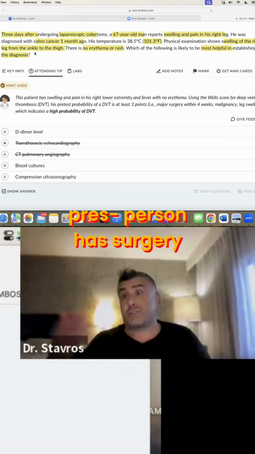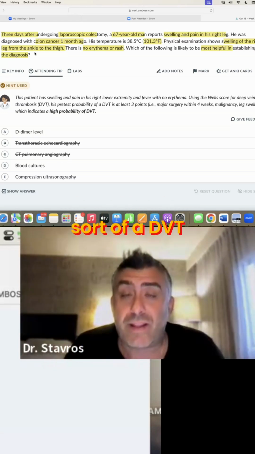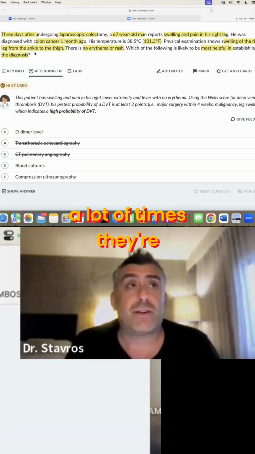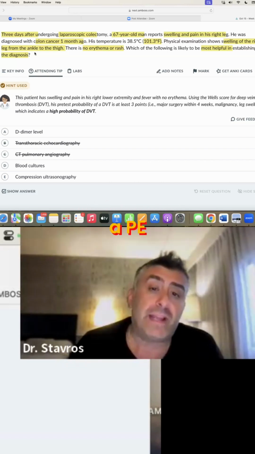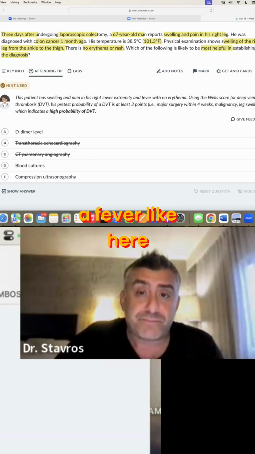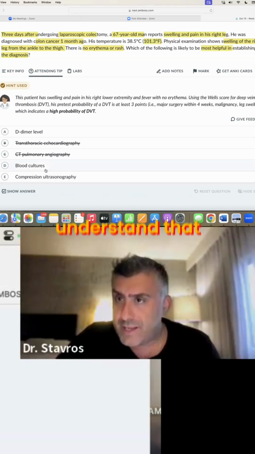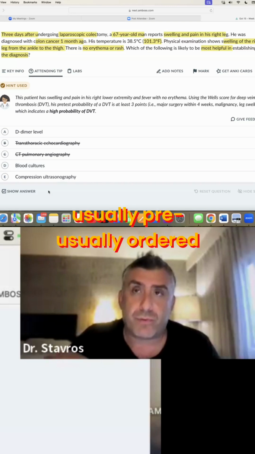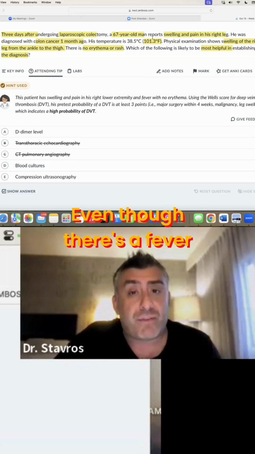Like when that person has surgery, usually that's a good sign of having some sort of a DVT. A lot of times they're in bed for a long time, with poor mobility, which then leads to a PE. So this is where you have to be careful, ladies and gentlemen, because if you have a fever like here, some people might say, you know what, blood cultures. No, I understand that, but blood cultures are usually ordered to see if there's an infection, even though there's a fever, right?